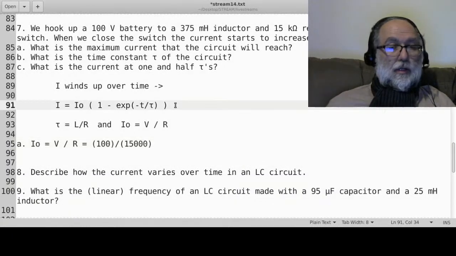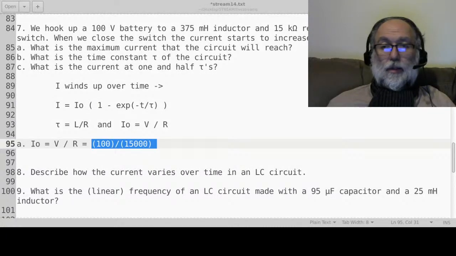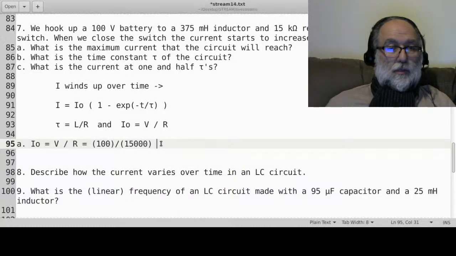And what's that going to equal? It's going to equal this number right here. Let me round it off to 3 significant figures.